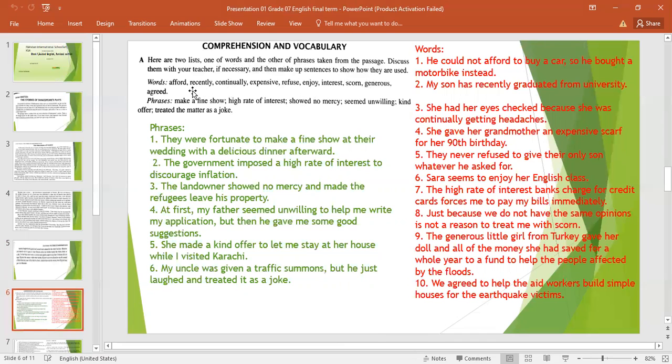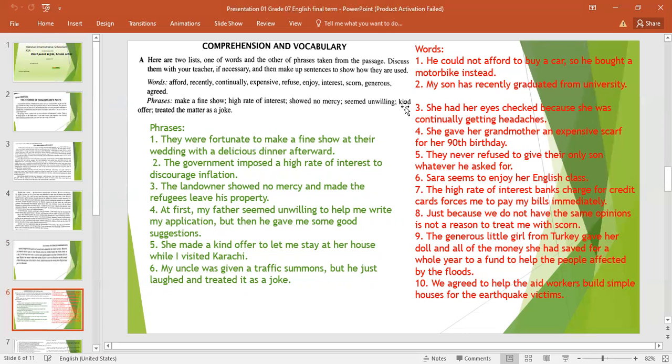So here are the words: effort, recently, continually, expensive, refuse, enjoy, interest, scorn, generous, agreed. And the phrases are: make a fine show, high rate of interest, showed no mercy, seemed unwilling, kind offer, treated the matter as a joke.